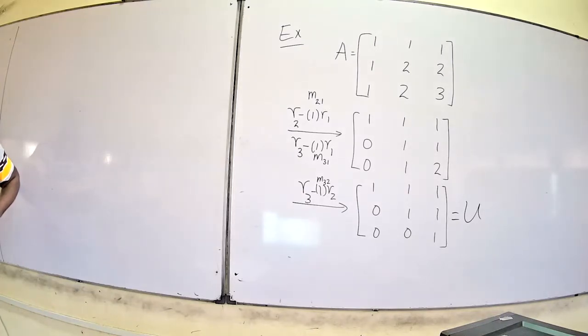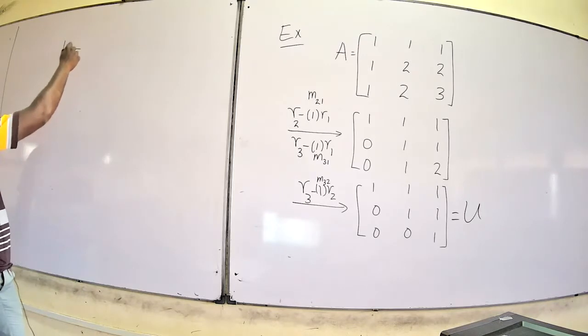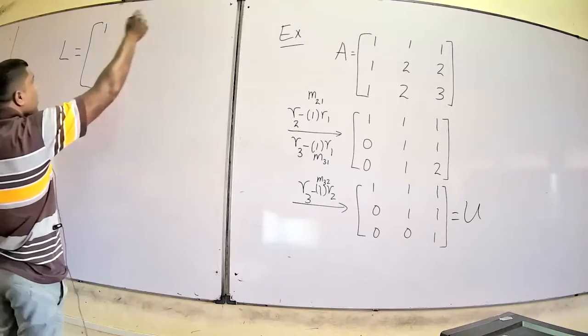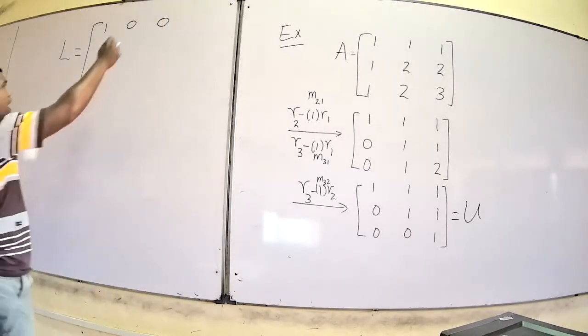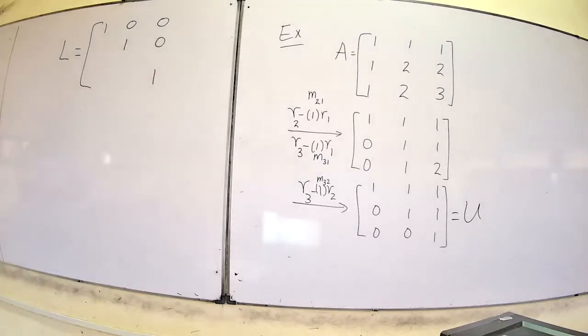Now I'm going to use these multipliers to develop a lower triangular matrix, L, that has a special property. It is a lower triangular matrix, and I set it to have 1 along the diagonal.